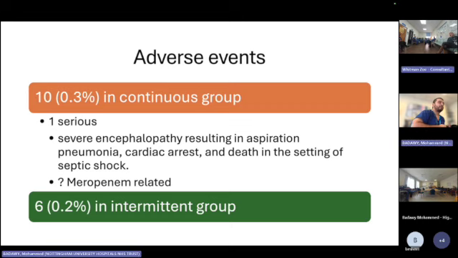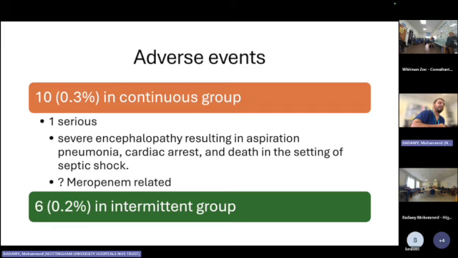Studying both groups in terms of side effects, 10 patients had side effects in the continuous infusion group and 6 in the intermittent group. However, only one serious or fatal adverse event happened in the continuous infusion group, where the patient had meropenem and severe encephalopathy as a result of it, reduced GCS, aspirated, was intubated, had a cardiac arrest, and died.